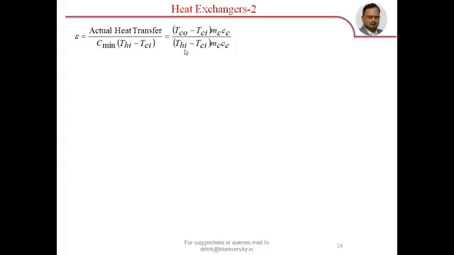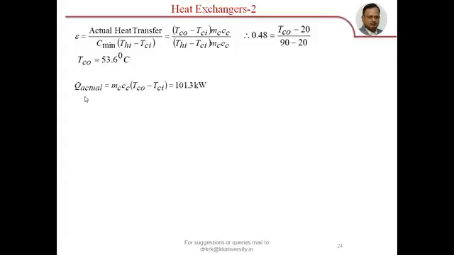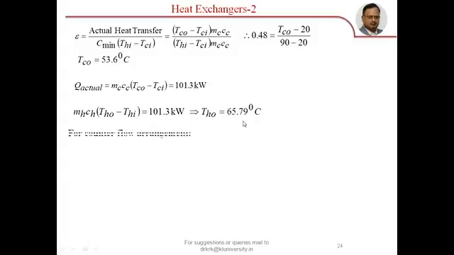We know the effectiveness, we know THI and we know TCI; the only unknown is TCO. By substituting the values, you will get TCO equal to 53.6. Once you know TCO, you can determine Q actual by using the formula MCCC into TCO minus TCI. This is also equal to MHCH into THO minus THI, which gives THO.